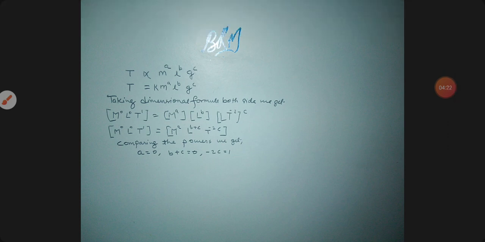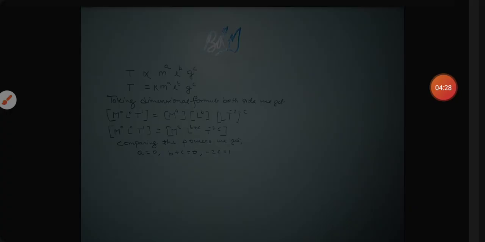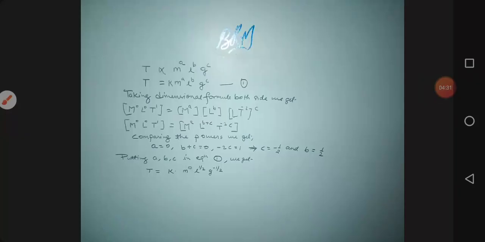Now we will solve all the equations and find the values of a, b, and c. In the given equations, you can see minus 2c is equal to 1, and therefore c will be equal to minus 1 by 2.